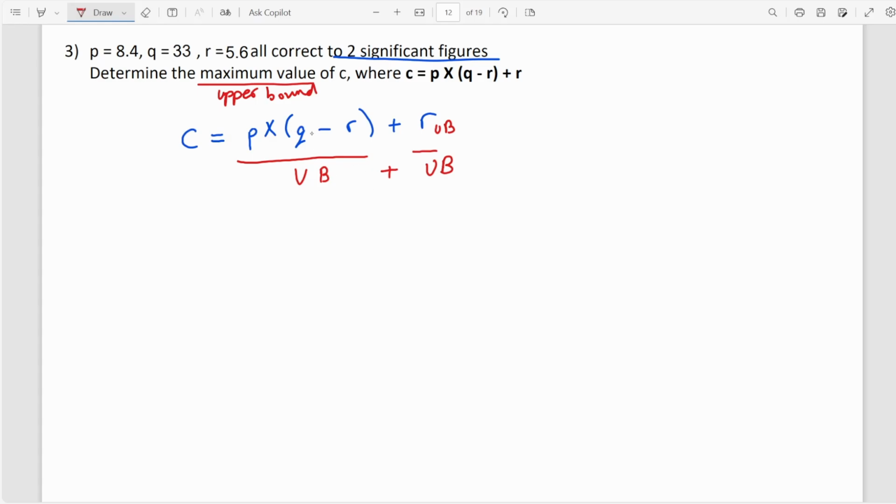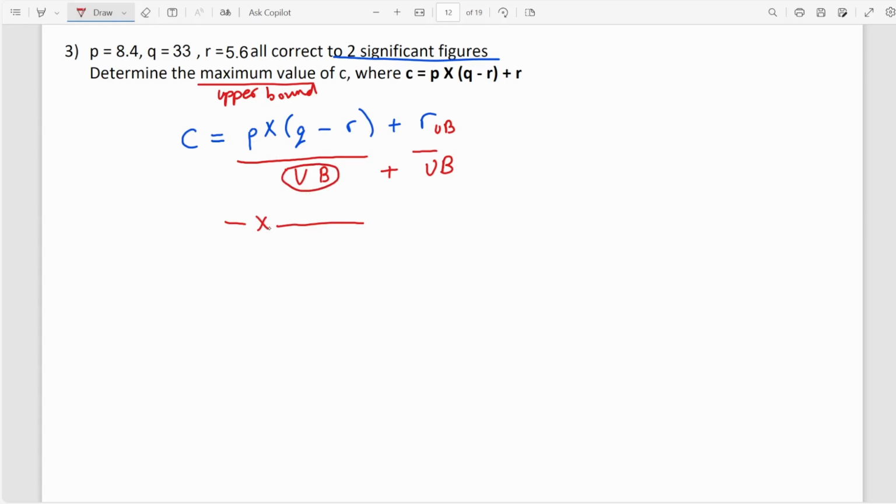So let's take a look here. What's the last operation that will happen within this expression? Well, firstly, Q minus R will happen, brackets, and then the result will be multiplied by P. So you basically have an expression, Q minus R, and it will get multiplied by P eventually, and we want to achieve an upper bound for this whole expression.